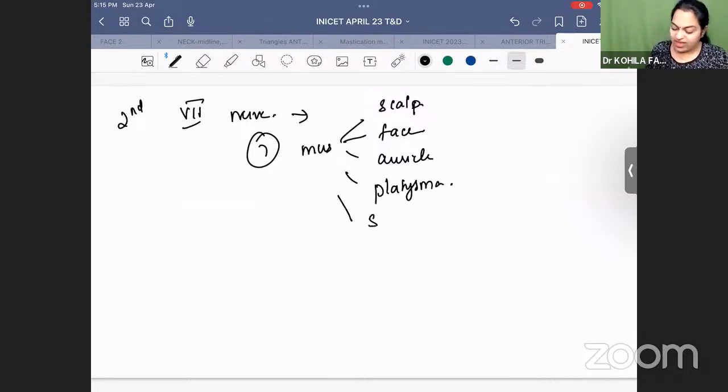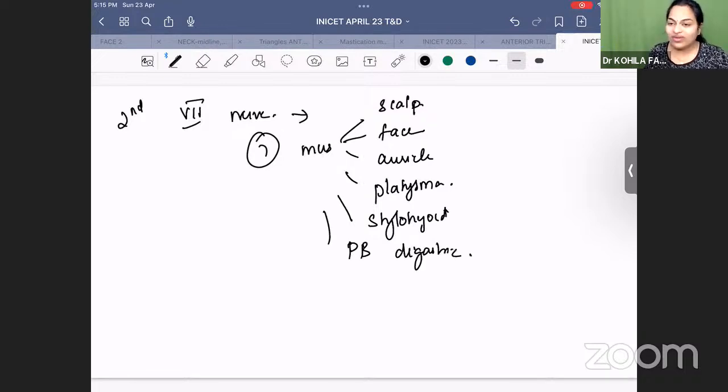Anything else you know? The SPB muscles, you have heard about it? Stylohyoid, posterior belly of digastric. And one more, can you add to it? What is that muscle within the ear supplied by the facial nerve? Come on. Stapedius. Yes, very good, sir.